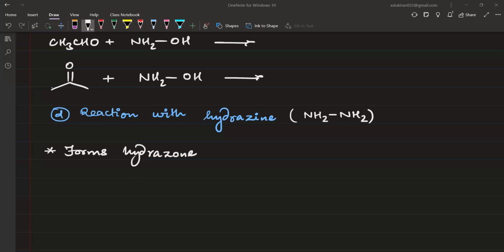Aisha has not sent the answer. Alia has not sent the answer. Please send your answers, guys. Hydrazone. Okay, so you have carbon double bond O plus NH2, NH2. So next here is carbon double bond N. Now what is attached to N other than H2? It is NH2.